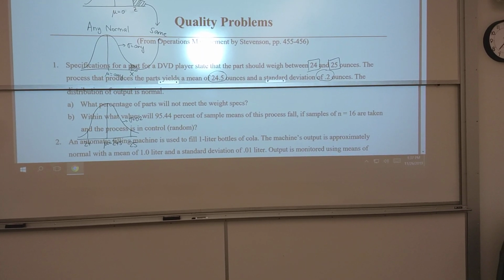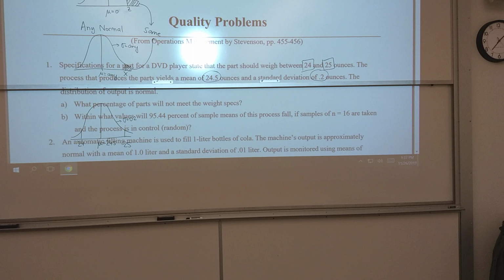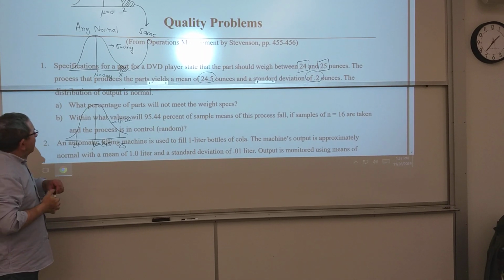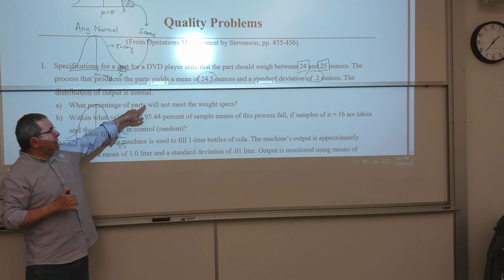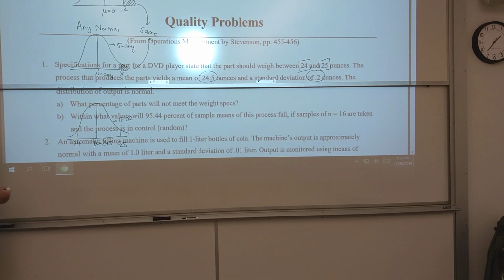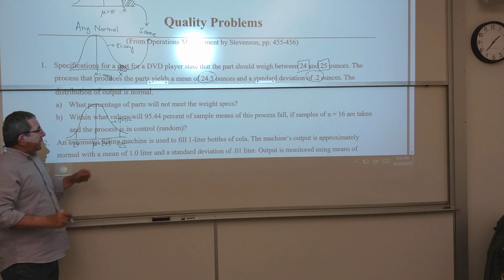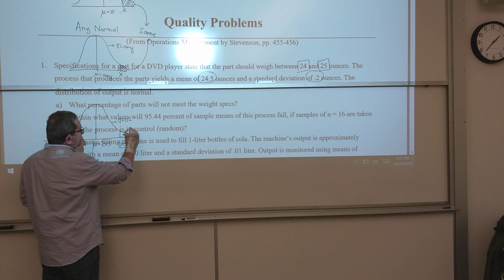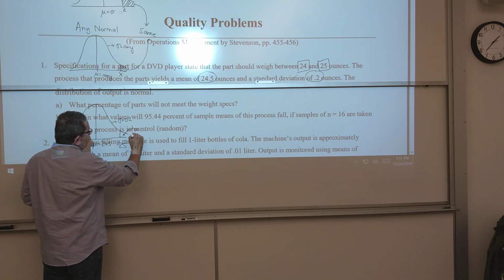okay? So now the question is, what percentage of parts will not meet weight specifications? So basically, if a part weighs more than 25 ounces, it's going to be too heavy.